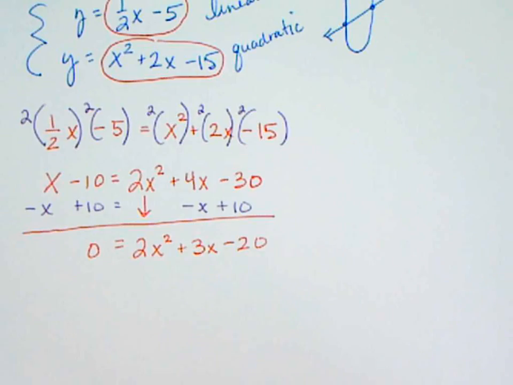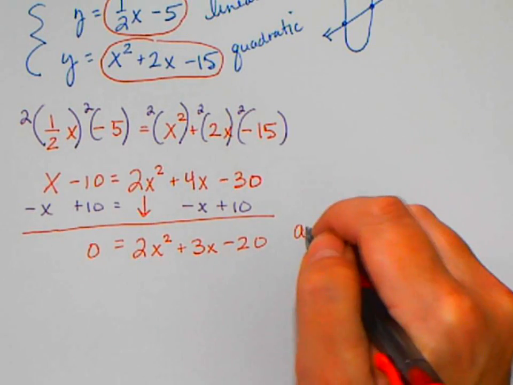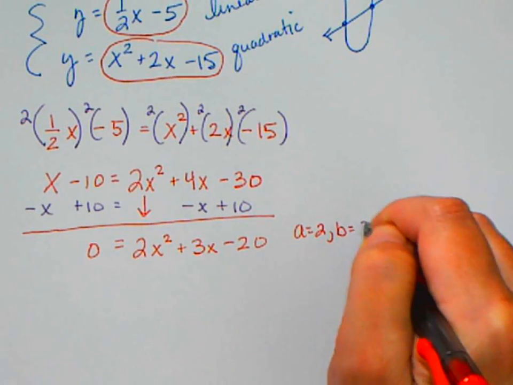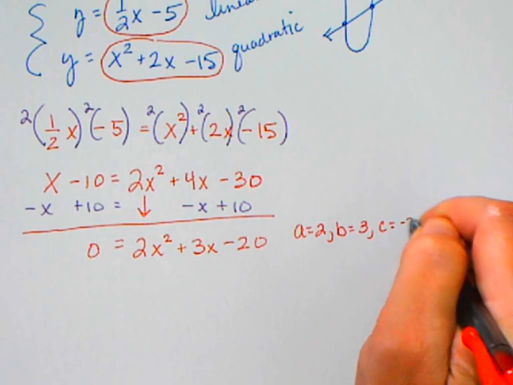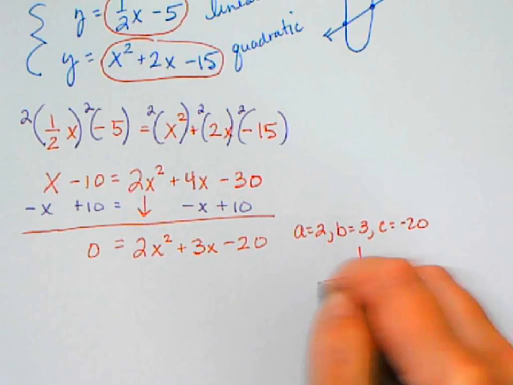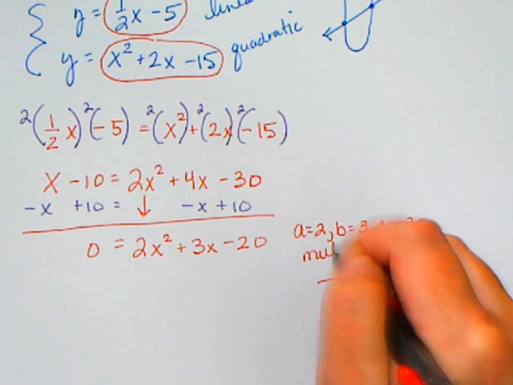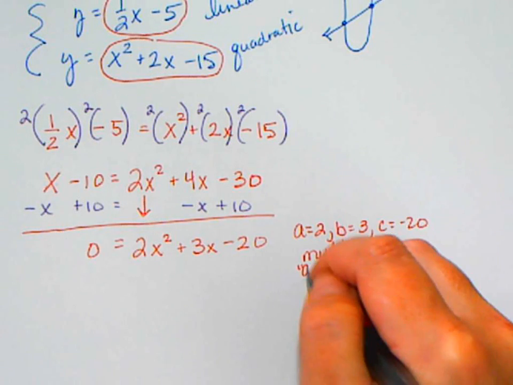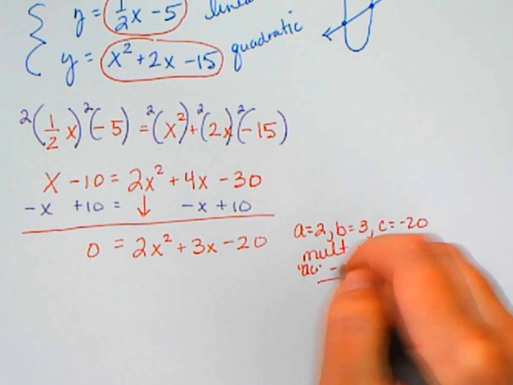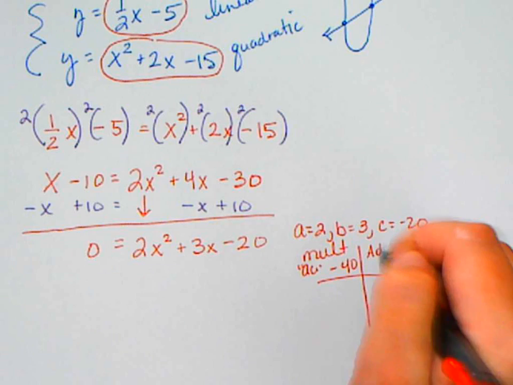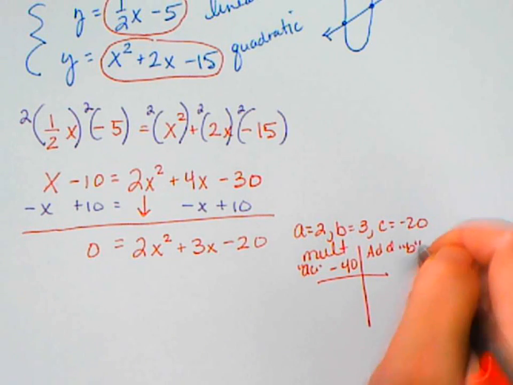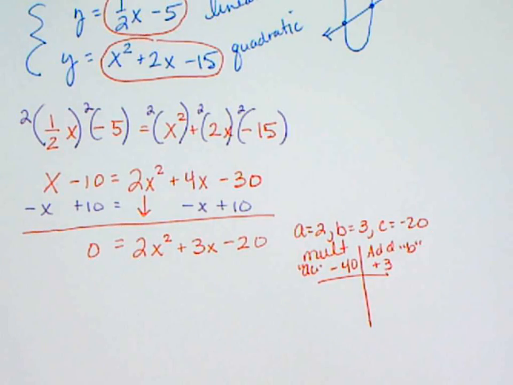Of course, I want to factor this if I can. It's a quadratic. That's our easiest method. Is there a GCF? No. So I'm going to need, we know A is 2, B is 3, C is negative 20. 2 numbers that multiply together to get A times C, which is negative 40, and add to get B, which is positive 3.